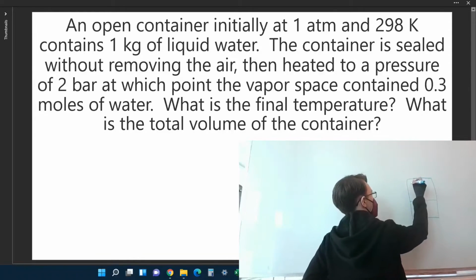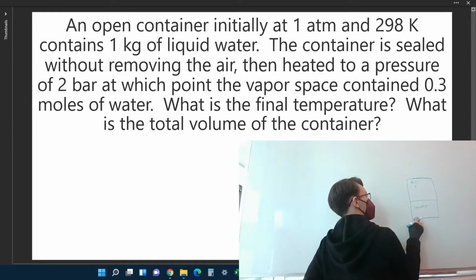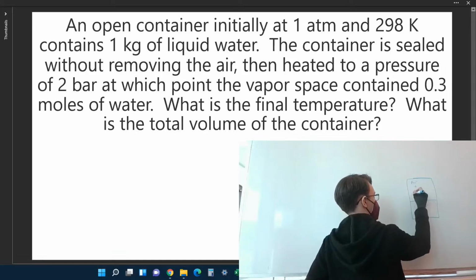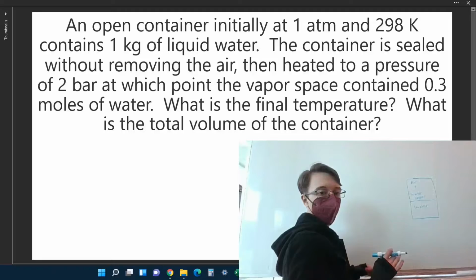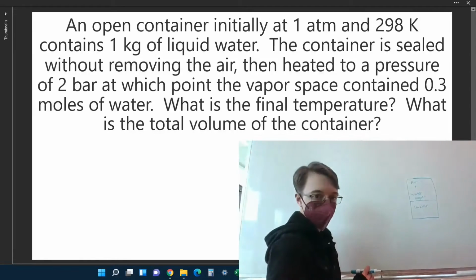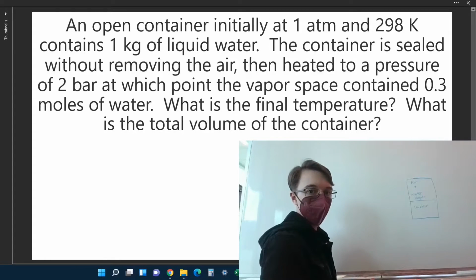So that means there's going to be air inside this container, and then there's also going to be a little bit of water vapor from the liquid water, because water and water vapor are going to be in equilibrium with each other at the beginning of this problem.